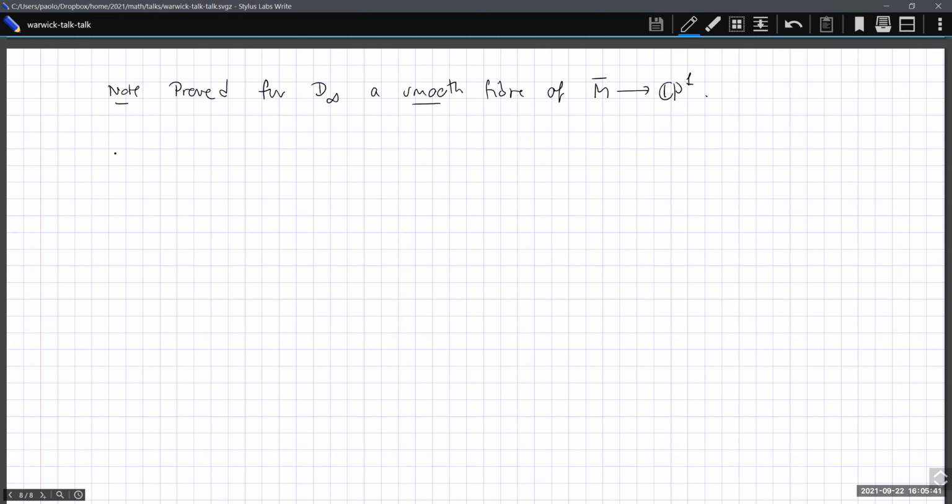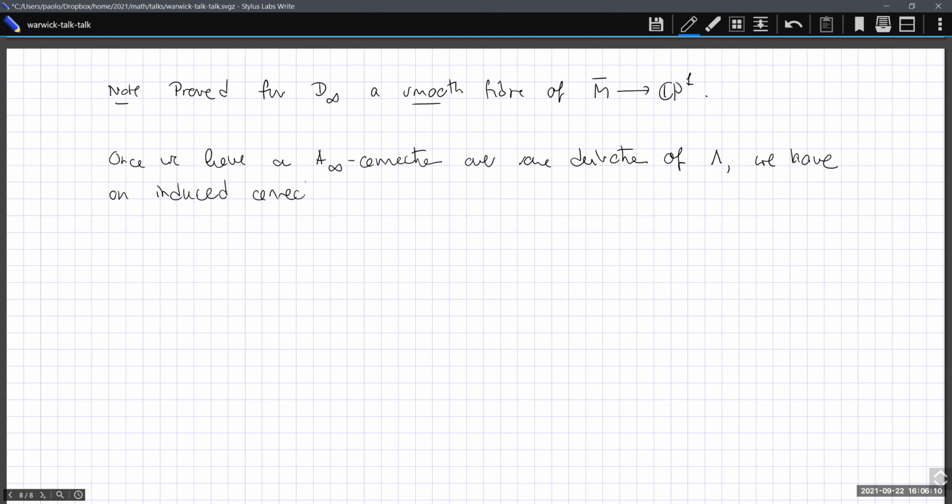Once we have an A infinity connection over some derivation of this parameter space, we have an induced connection in the ordinary sense on the partial cohomology, in this case, of the wrapped category.